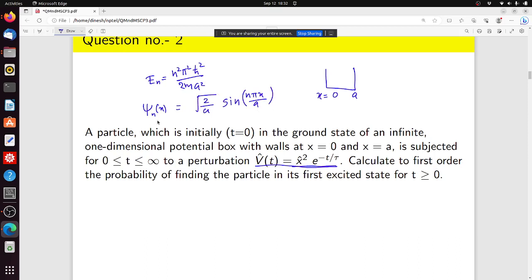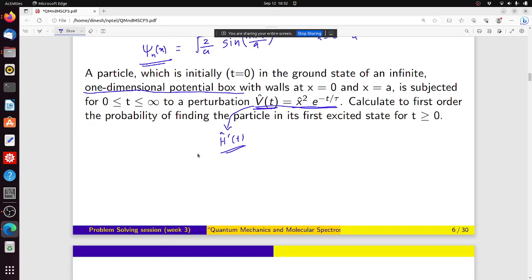Okay, so as in our question it's given one-dimensional potential box, we know the energy eigenvalues and wave functions. And this is the perturbed Hamiltonian actually, H prime of t, and the perturbed Hamiltonian is given. So we were asked to calculate the transition probability.